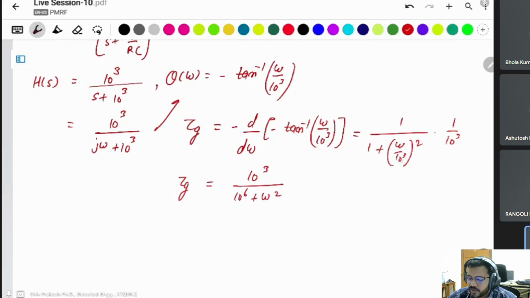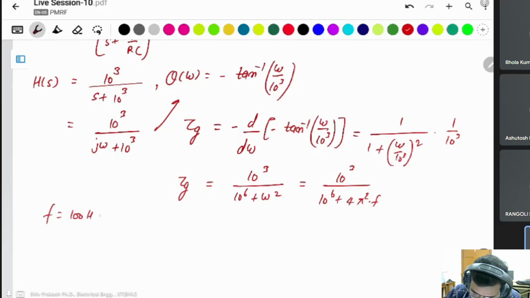The square of 10^3 is 10^6. Omega squared is (2 pi f) squared, meaning 4 pi squared f squared. Frequency is given as 100 hertz for finding the group delay.